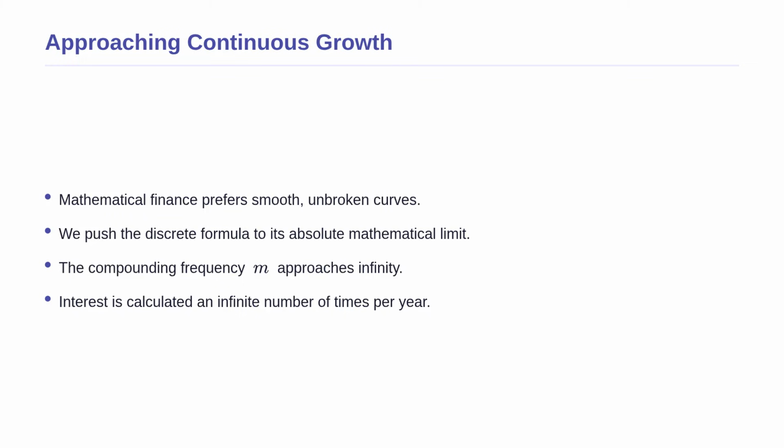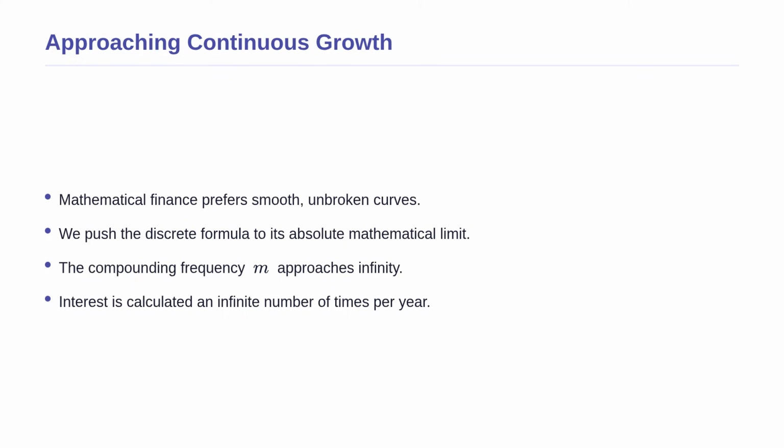This discrete formula we just saw leads us to an important question. What happens if we compound faster and faster? In everyday banking, interest might be compounded monthly or daily. However, in mathematical finance, we almost exclusively use continuous compounding. We do this by taking the discrete formula and pushing it to its absolute mathematical limit.